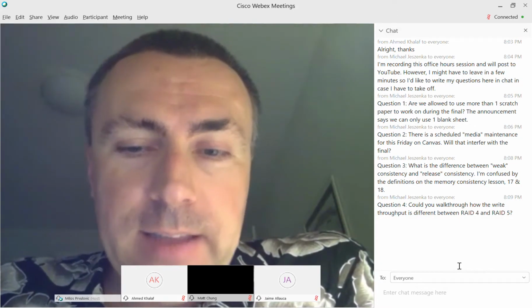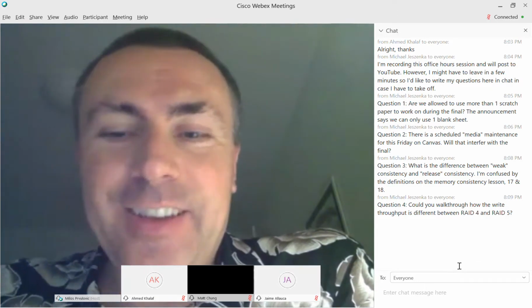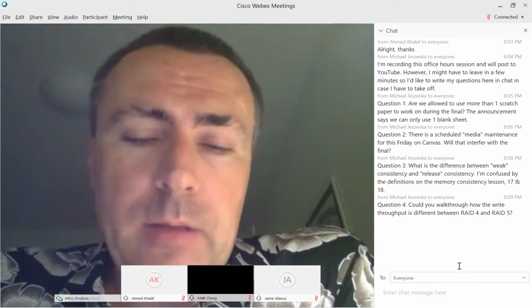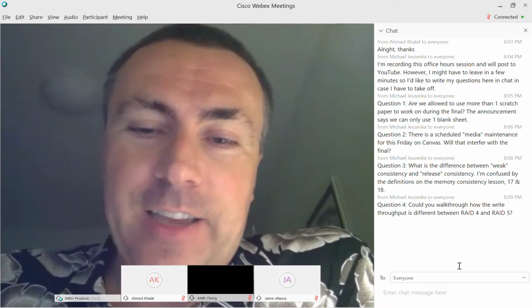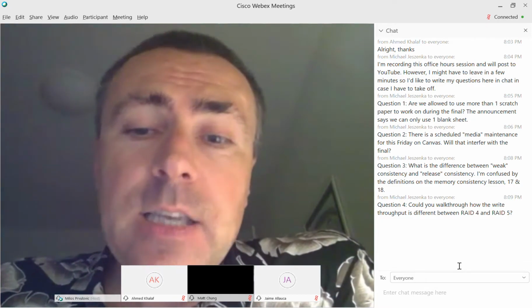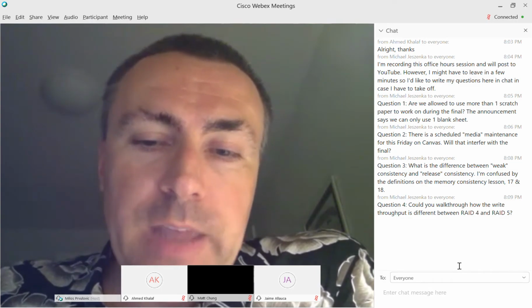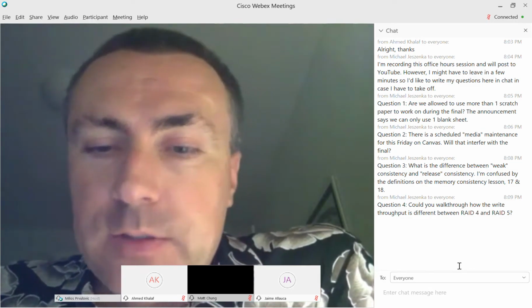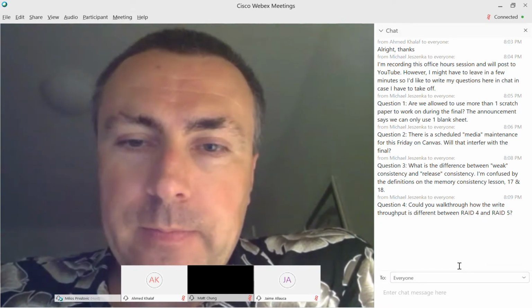I'm reading the data from the n disks, whereas the plus 1 is not readable. It's useless for reading because it's a parity disk. It doesn't contain any data that I can just load and use. So the throughput is basically the aggregate throughput of the n disks, because one of the disks doesn't get any reads. It's the parity disk.